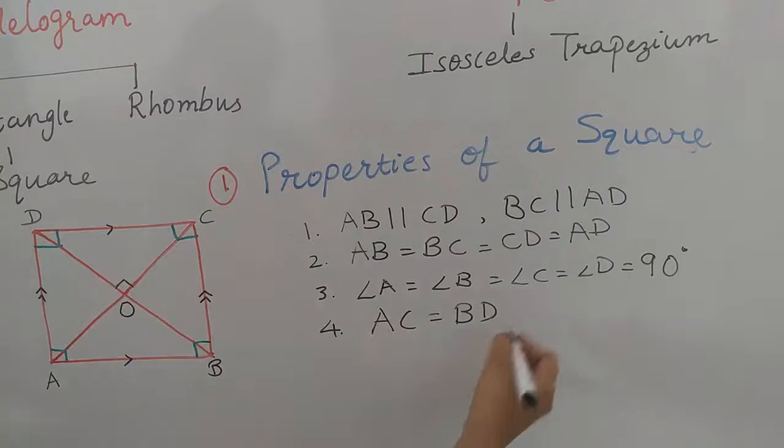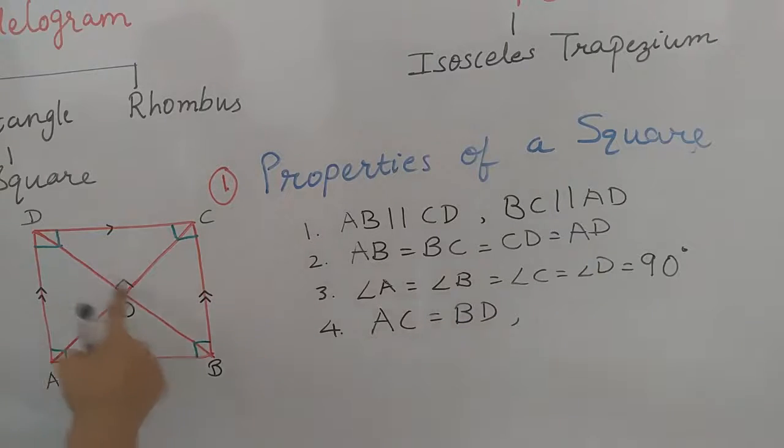And also it makes angles AOB, BOC, COD, AOD. All four angles will be of 90 degrees because they all are angles round the point. They are forming vertically opposite angles.